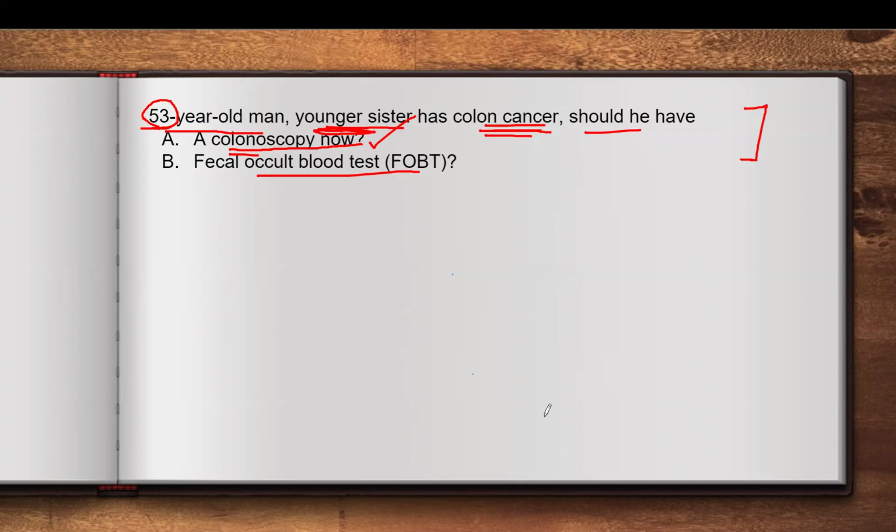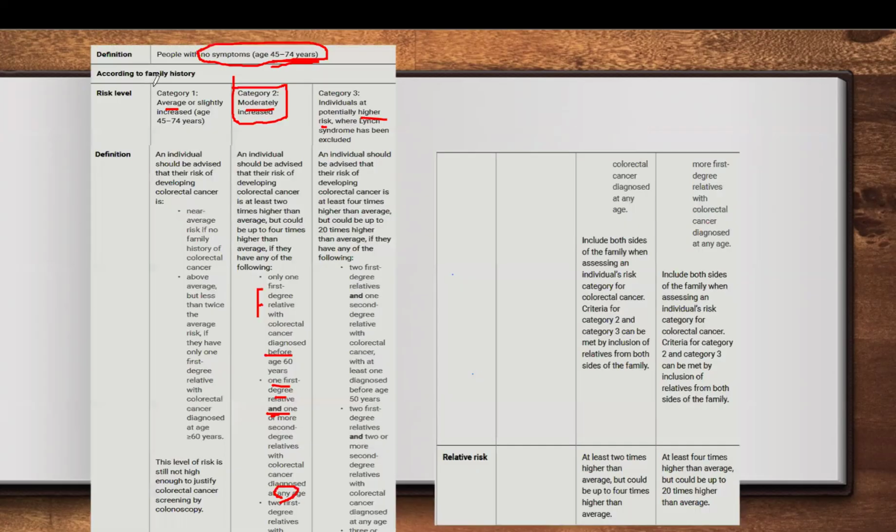Why not FOBT? FOBT is for the average risk. The category 1 patients undergo FOBT every 2 years, the average or slightly increased risk. Who lies under category 1? Those who have no family history, so no family member who has ever developed colorectal cancer, or who have only one first degree relative at or above the age of 60.